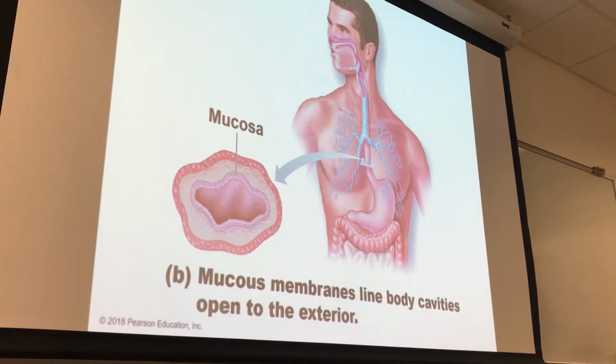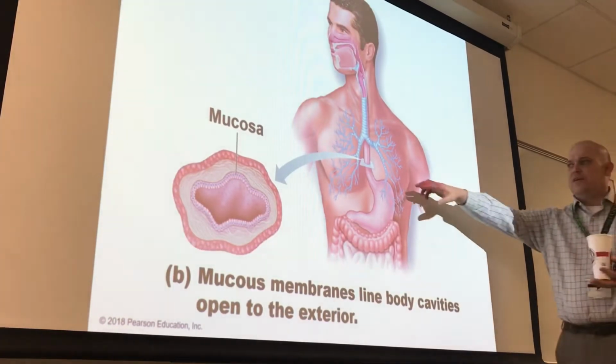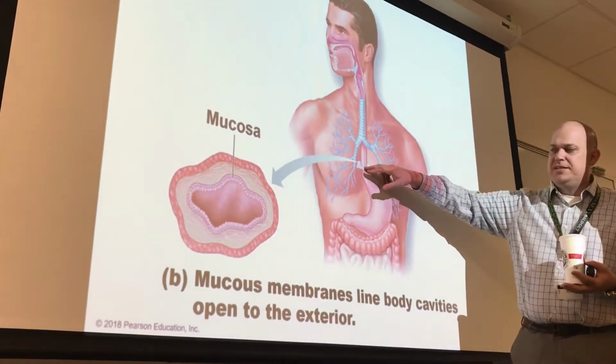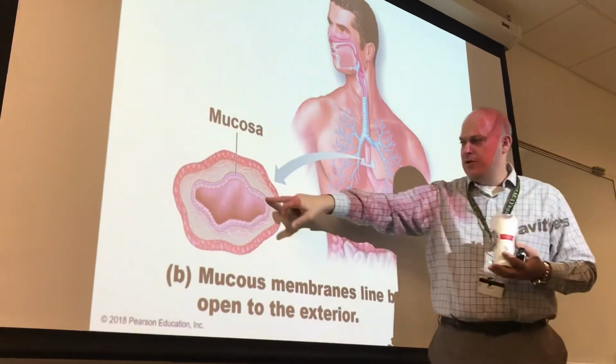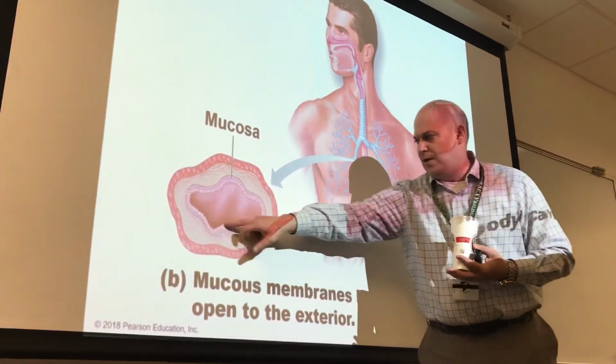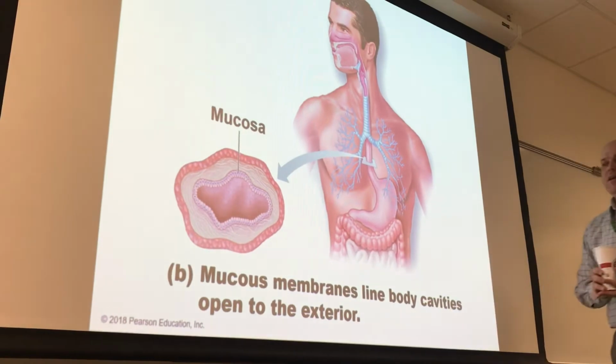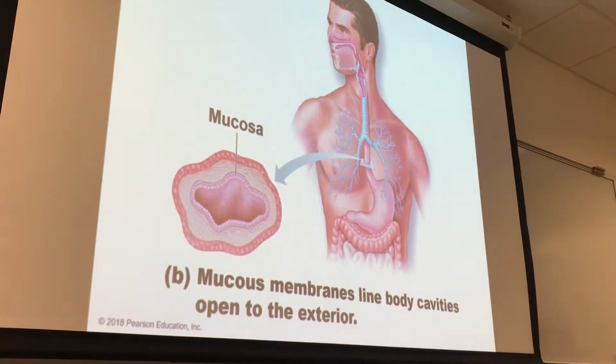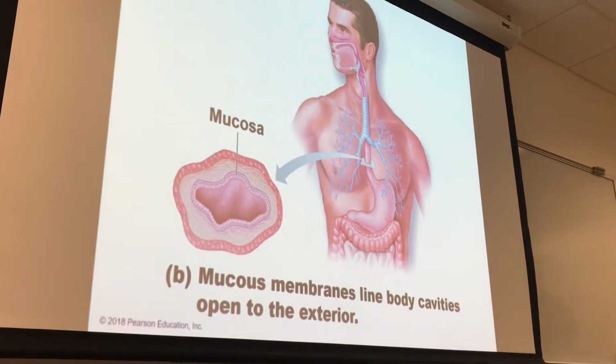The inner lining of our digestive system is the best example of a mucous membrane. Here we have that simple columnar epithelium that we were looking at the other day, lining the inside of our digestive tract. This is a membrane. It is part of the integumentary system in that regard. It's just not one that we're going to talk about today. We'll talk about this membrane when we get to the digestive system.